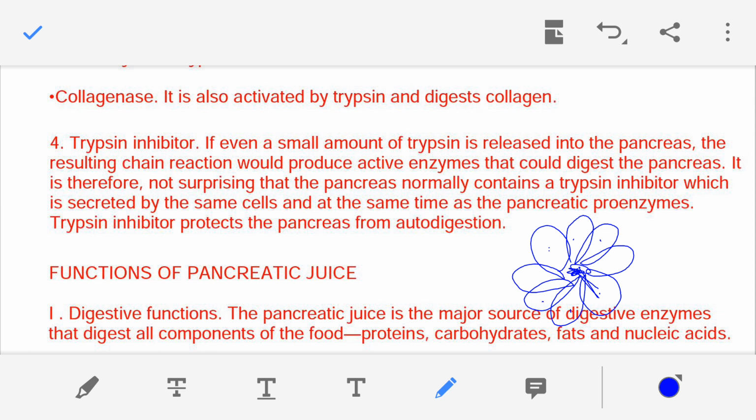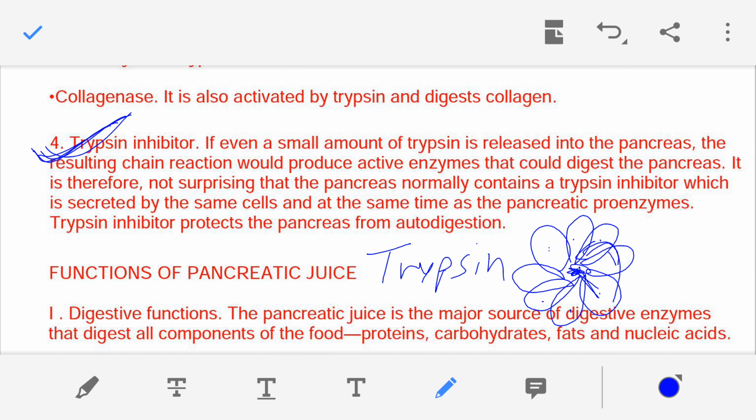In the pancreatic juice, trypsin inhibitory factor is also secreted by the acinar cell.